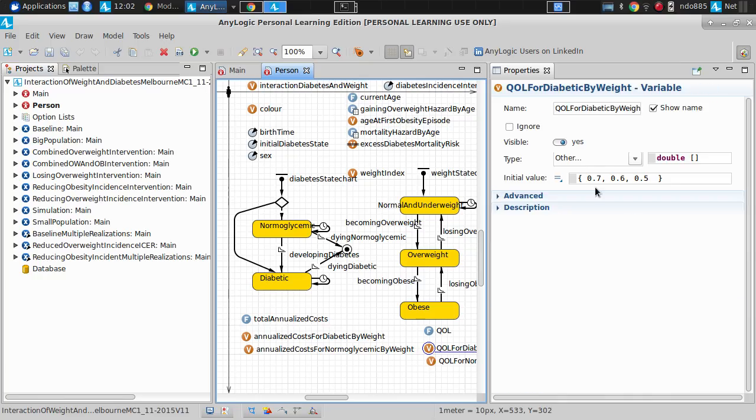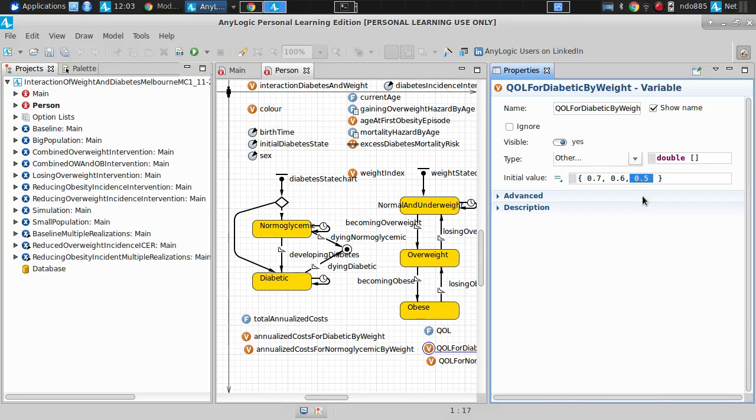And this gives the quality of life of people at different stages of weight based on whether they're diabetic or not. Okay? So this is an agent-based model, but it also includes some system dynamics components to total up costs and quality adjusted life years.